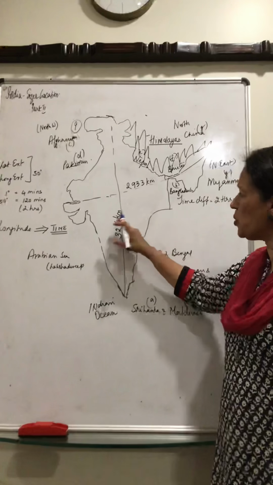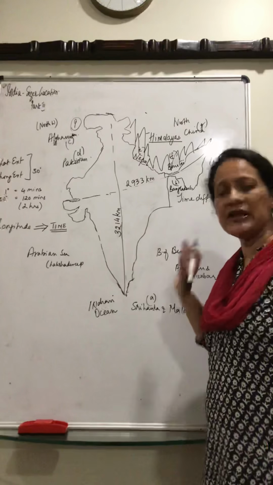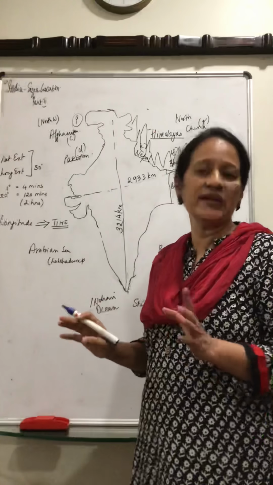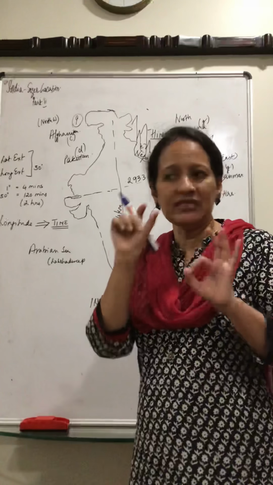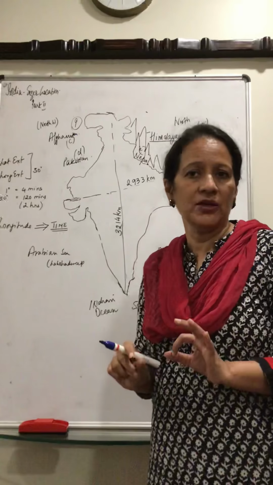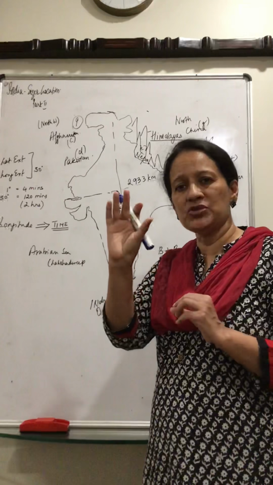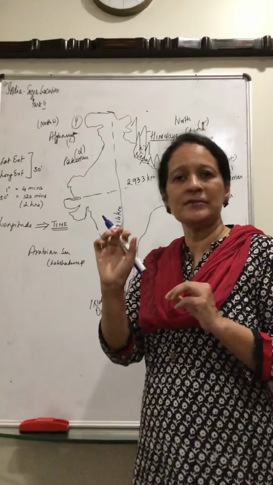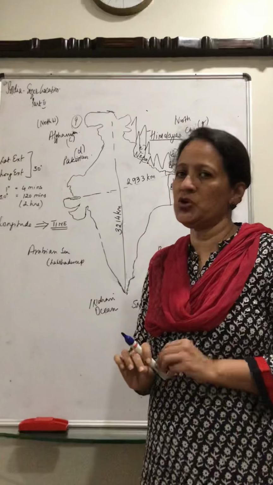Now again I switch over to latitudes and longitudes. The latitudinal and longitudinal extent of India is about 30 degrees. Now how do you get this figure 30 numerically? You just minus your latitudinal coordinates, you'll get around 29 point something, and your longitudinal coordinates.